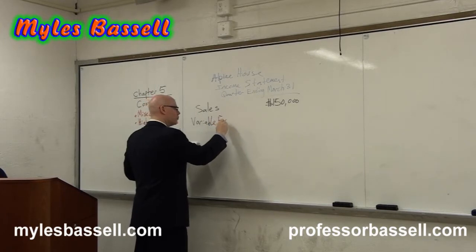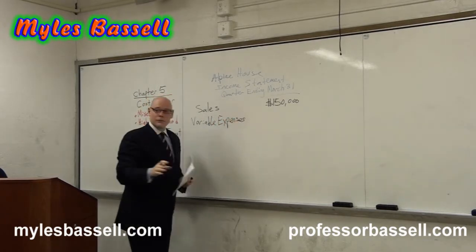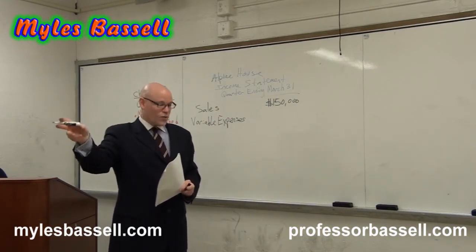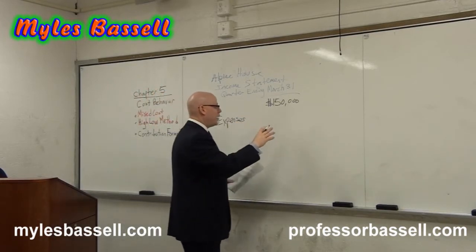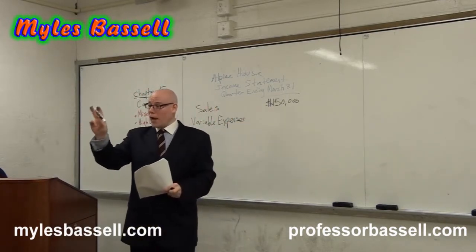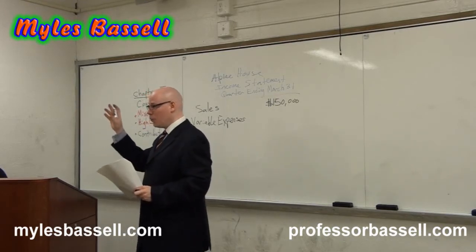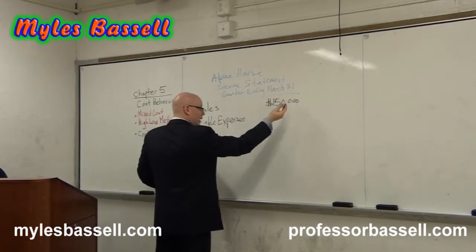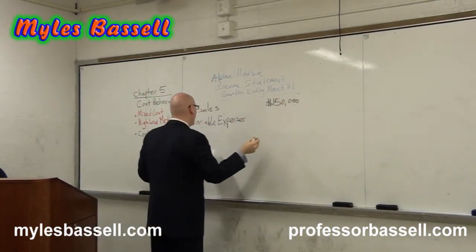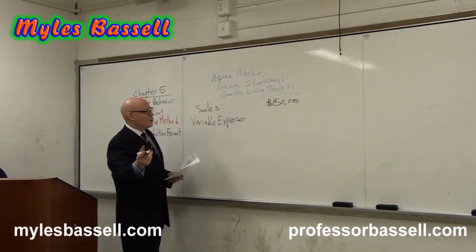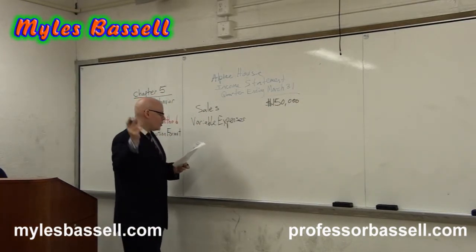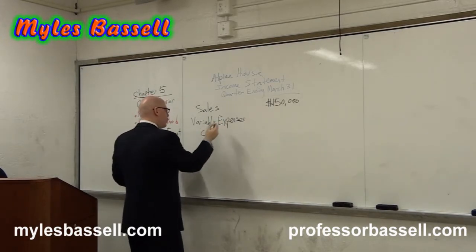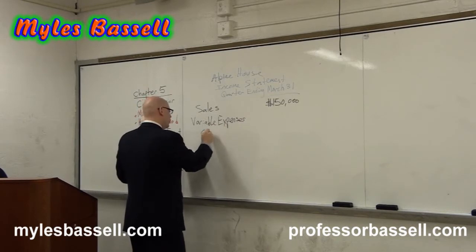How do we figure that out? $150,000 divided by $750, which is the price. Remember, here we're dealing with both price and also cost. They tell us sales are $150,000 and that each pair of skis is sold for $750. So David says that means 200 pairs were sold.